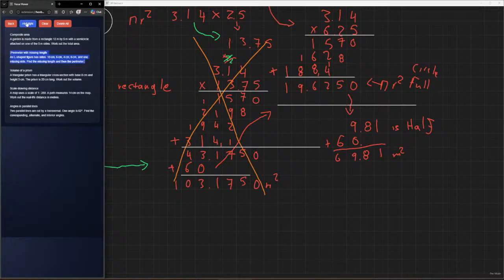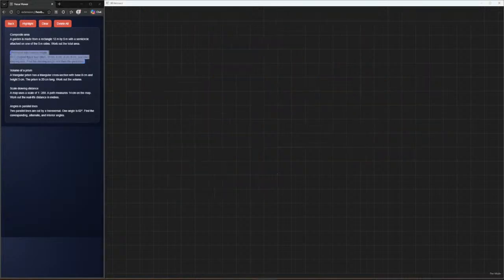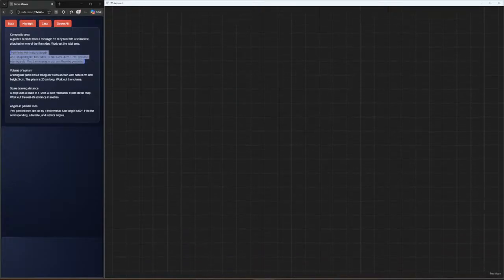Okay, so now we're going with this question. Perimeter with missing length.